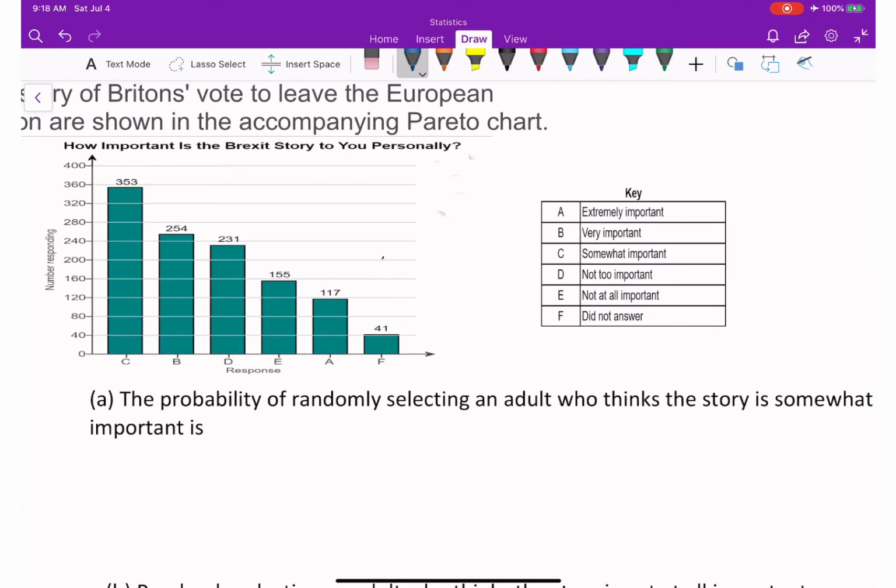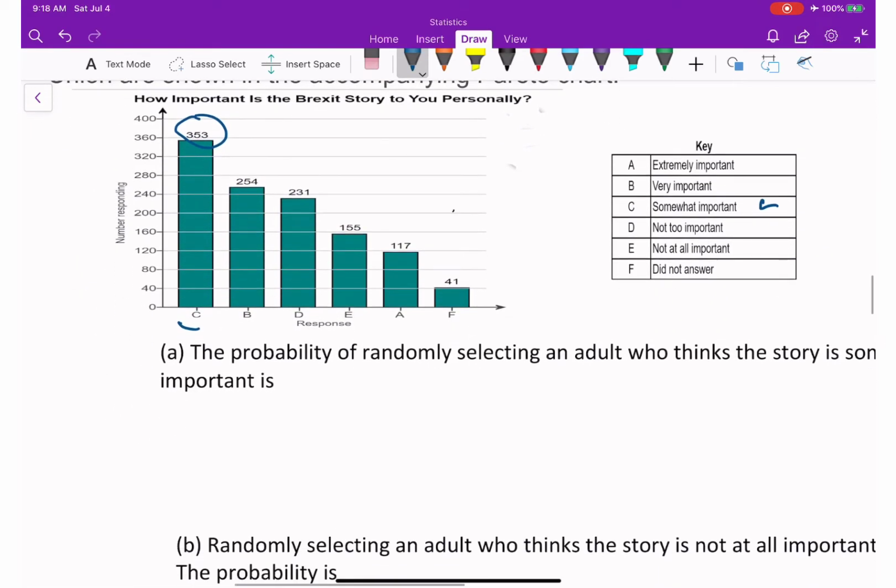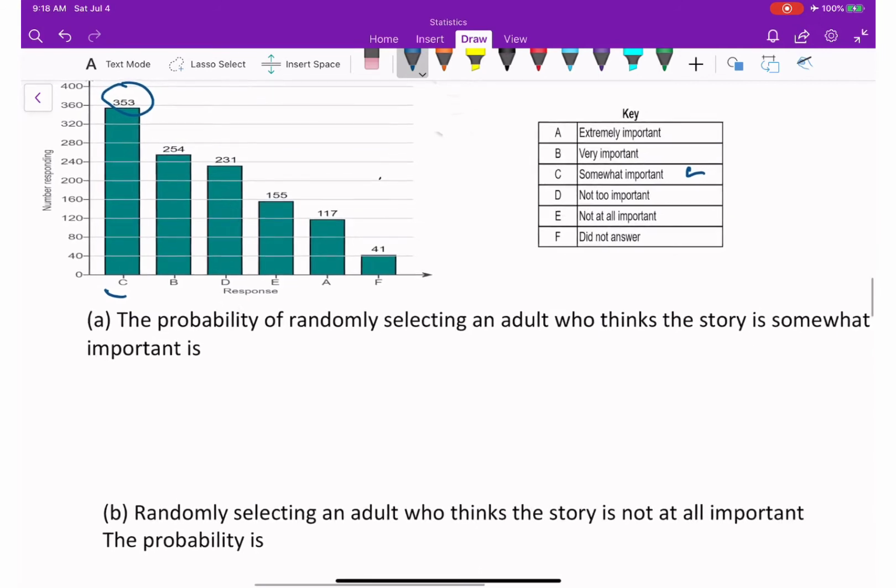Which one is somewhat important? That's C, which is 353, right? Out of a total of 1,000.